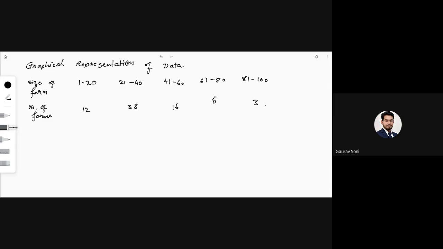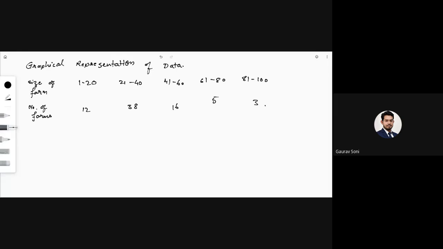The lengths are equal. I think he's saying that we should make them exclusive intervals, like 20.5, 20.5 to 40. That we can do. Okay, fine.